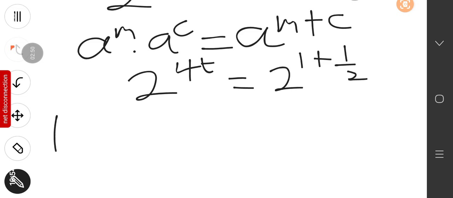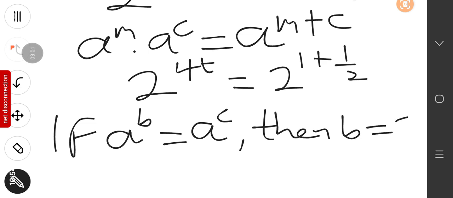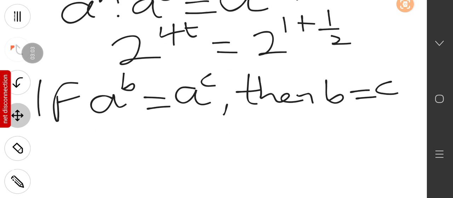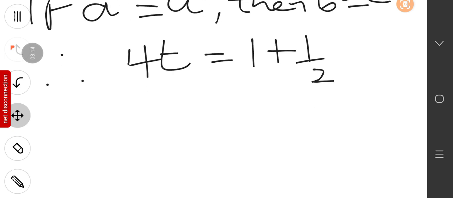That is, if a exponent b equals a exponent c, then we can say b is equal to c. Therefore, from our equation, 4t equals 1 plus half.